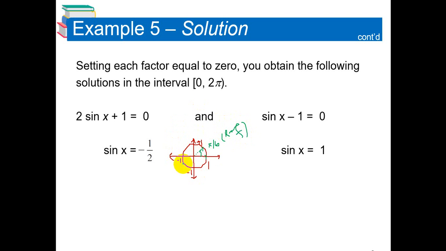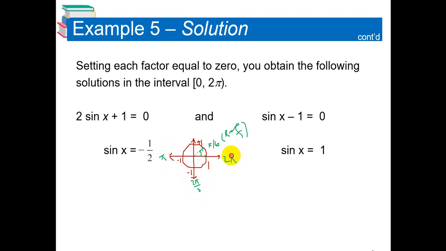So how could you now find the solution? That's very simple. This is pi by 2, this one is my pi, this is my 3 pi by 2, and this one is my 2 pi.